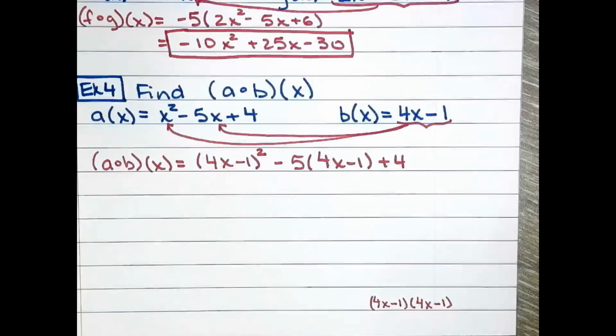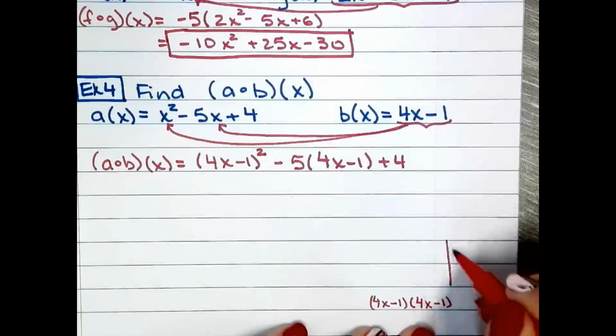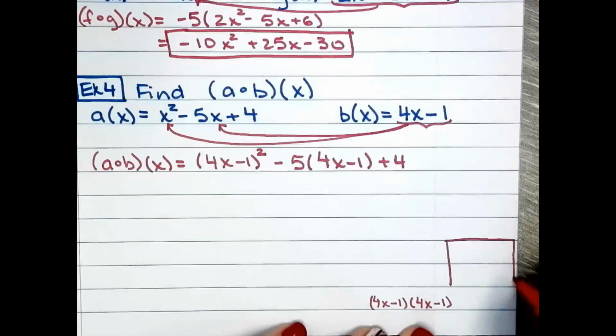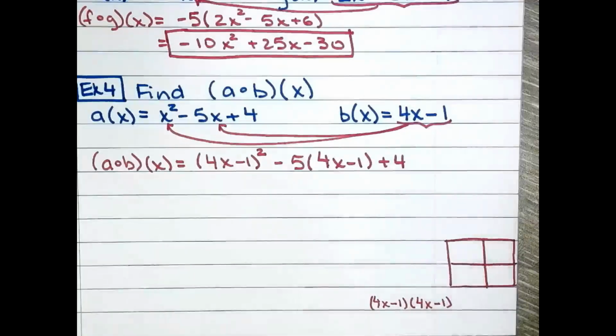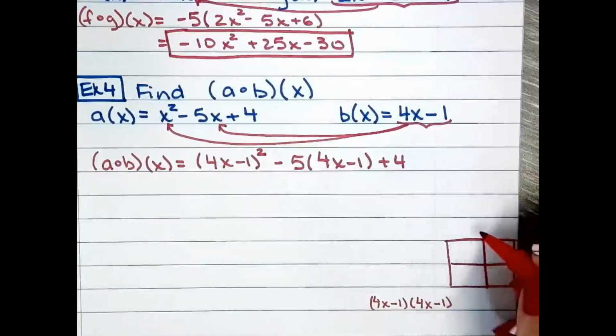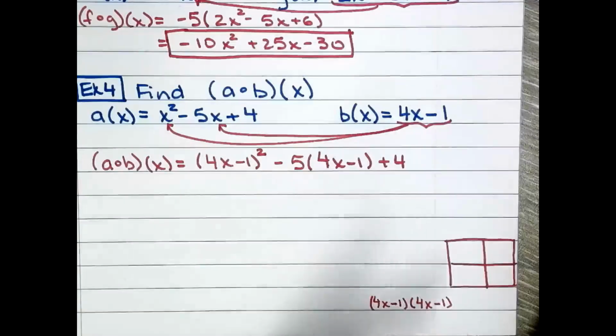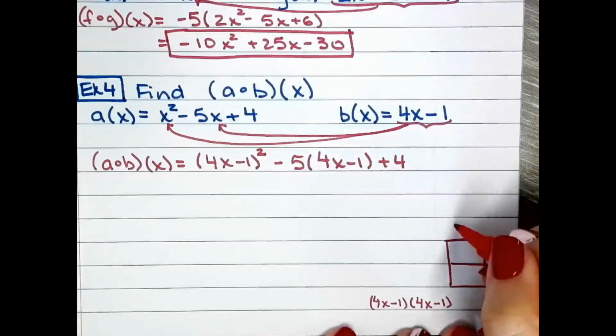You can choose to do FOIL, or you can do the box, whatever you decide, just do it. I will do the box right here. The box and the FOIL are like siblings. They're related, but not really. Just kidding, yes they are.